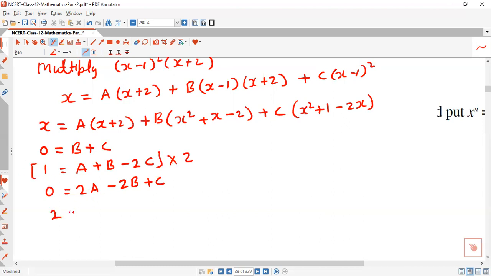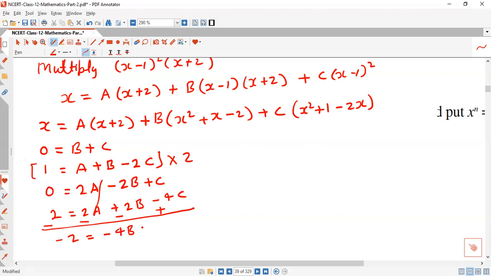So it comes out 2 times (2A plus 2B) minus 4C. Now I subtract, so A will be cancelled out, and B will be equal to minus 4B, and C will come out 5C.